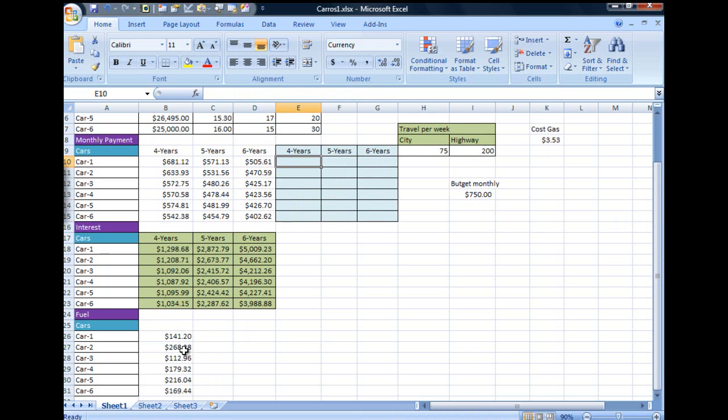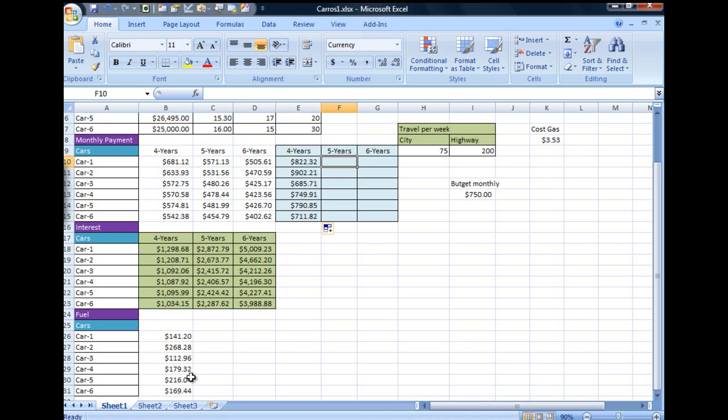Okay, for finding the total price included, you put the equal sign, you put the monthly payment for the car plus the price of gasoline. Okay, it's 822 dollars and 32 cents, and you drag this formula.